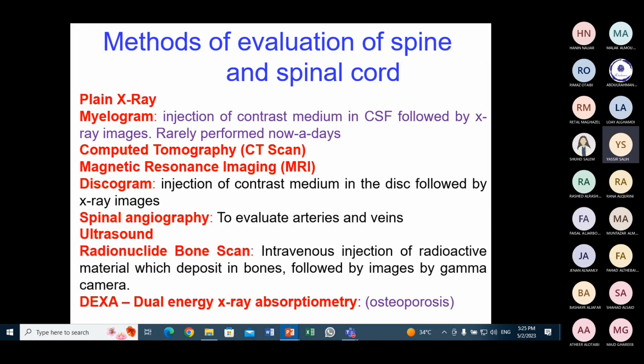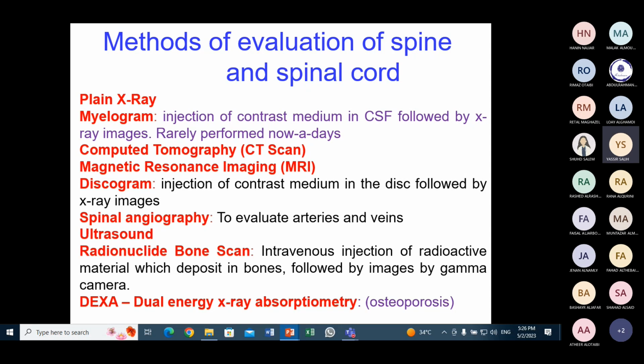The imaging modalities, or imaging studies and methods, that can be used for assessment of the spine and spinal cord include plain X-ray. Plain X-ray is done mainly for assessment of the bone of the vertebra, not the spinal cord. Myelogram is a radiological examination done by injection of contrast media into the CSF.